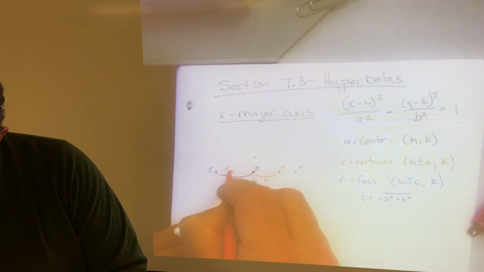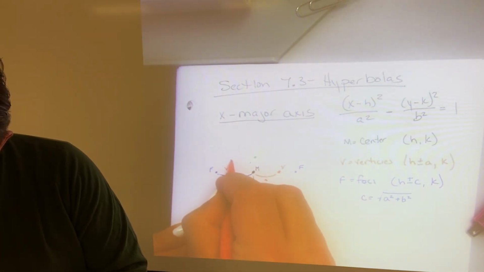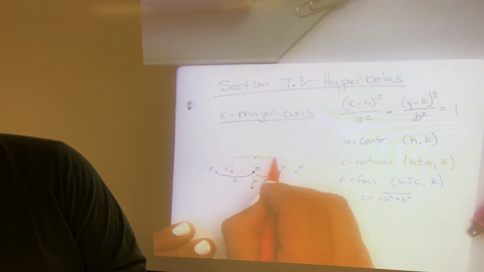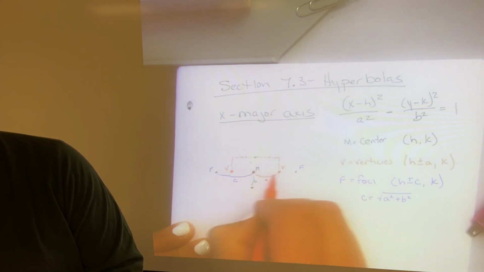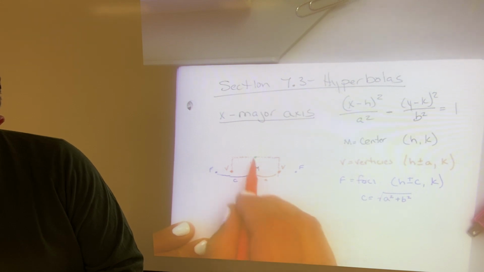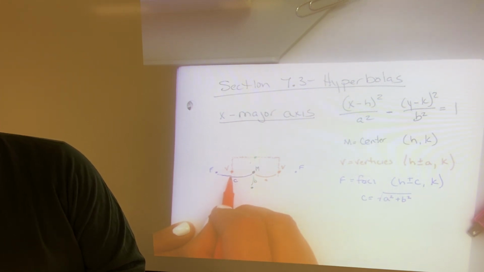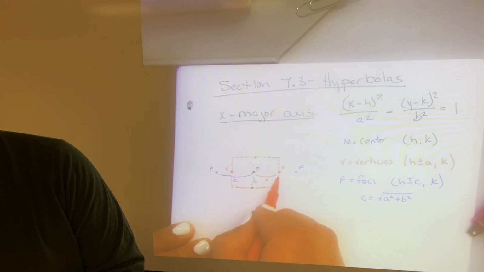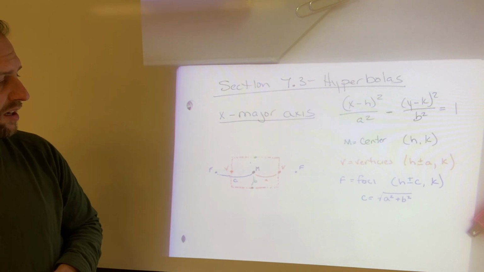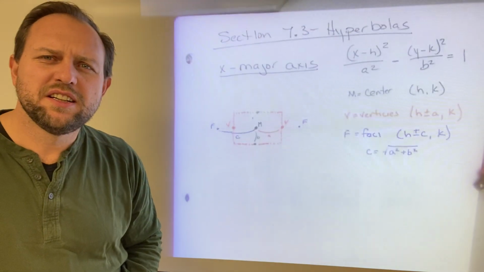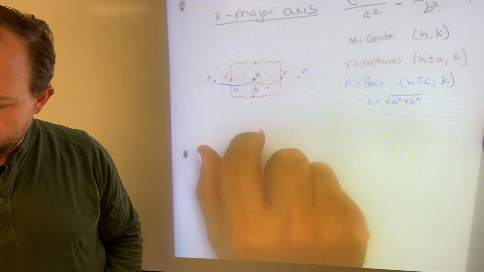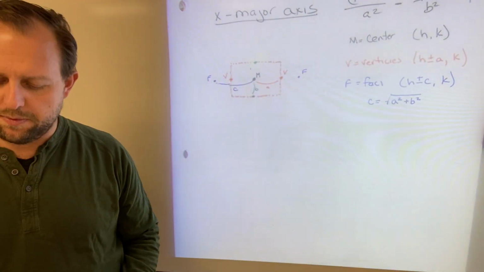And we're going to make a box, where the sides of the box sit on the vertices and this distance on the minor axis. So we've got this box that the sides are a away from the center and b away from the center, respectively.